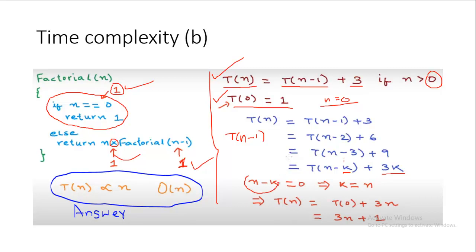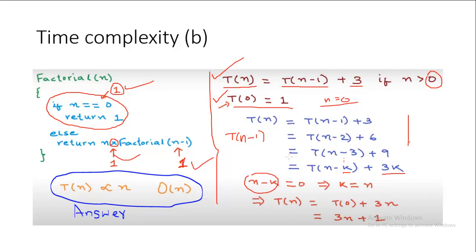Now n minus k, T of n minus k, so we consider that n minus k equal to 0, that is k equal to n. So T of n is equal to T of 0, because this factors become T of 0 and this becomes T of n. We put n instead of k and it becomes 3n plus 1.